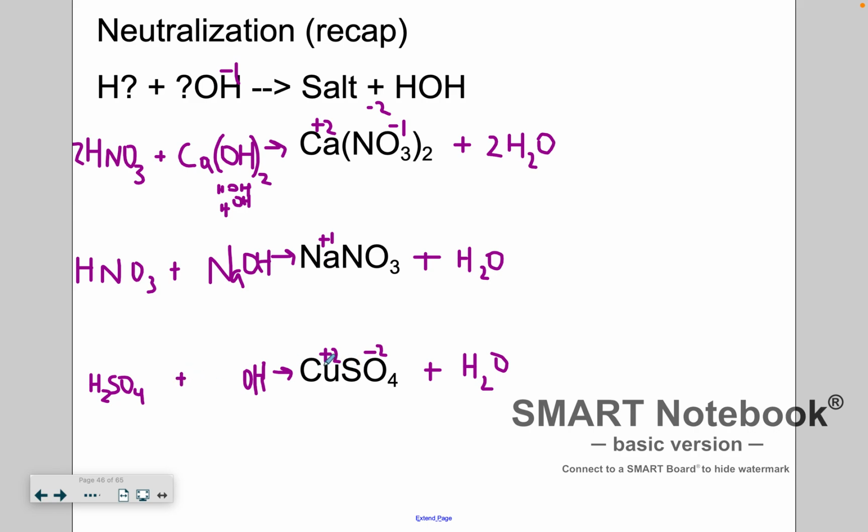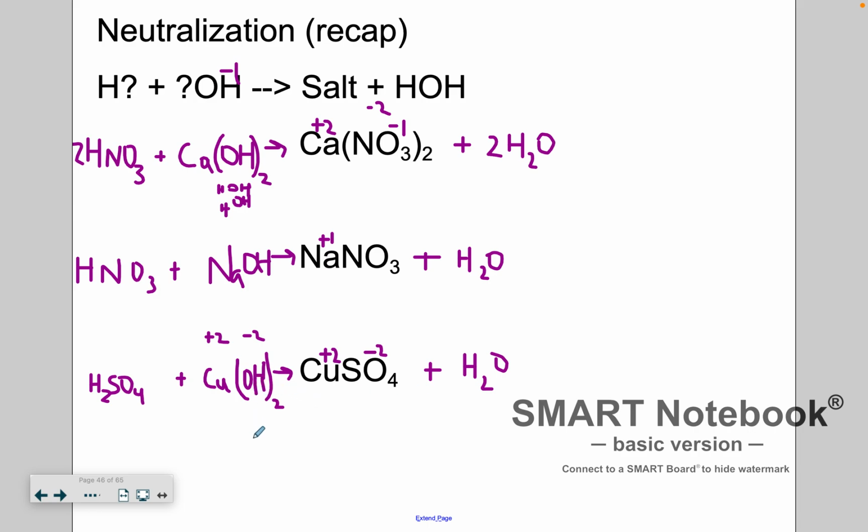And then my cation, copper, is going to bind with my hydroxide. What's the charge of copper? It's a +2 charge. What's the charge of OH? -1. So I need 2 of these, because this is a -1, and now this is an overall -2 with an overall +2, and they cancel.